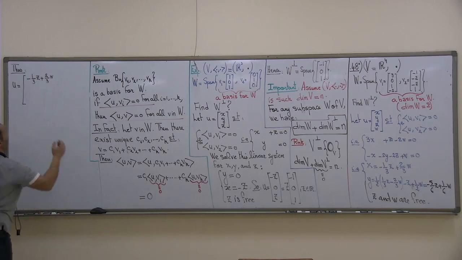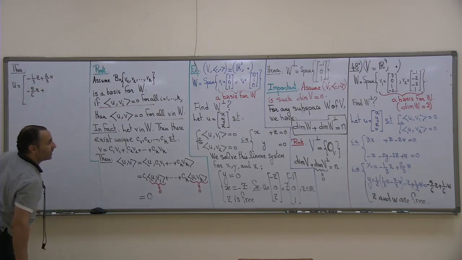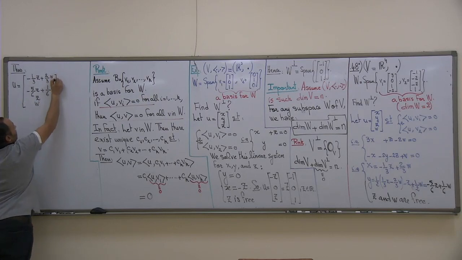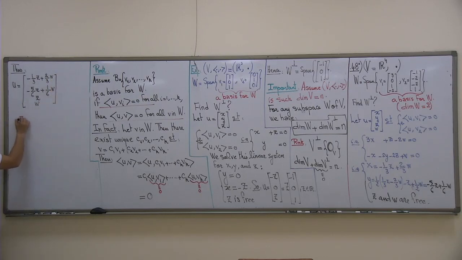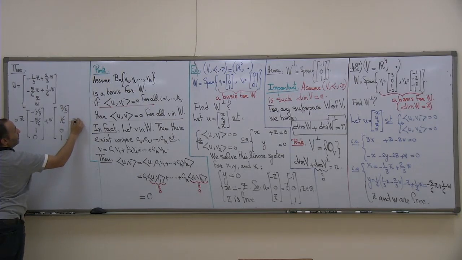Instead of y, I have minus 5/6 z plus 1/6 w, and then I have z and I have w. So it's equal to z times the vector (-1/3, -5/6, 1, 0), plus w times (2/3, 1/6, 0, 1), with z and w in R.